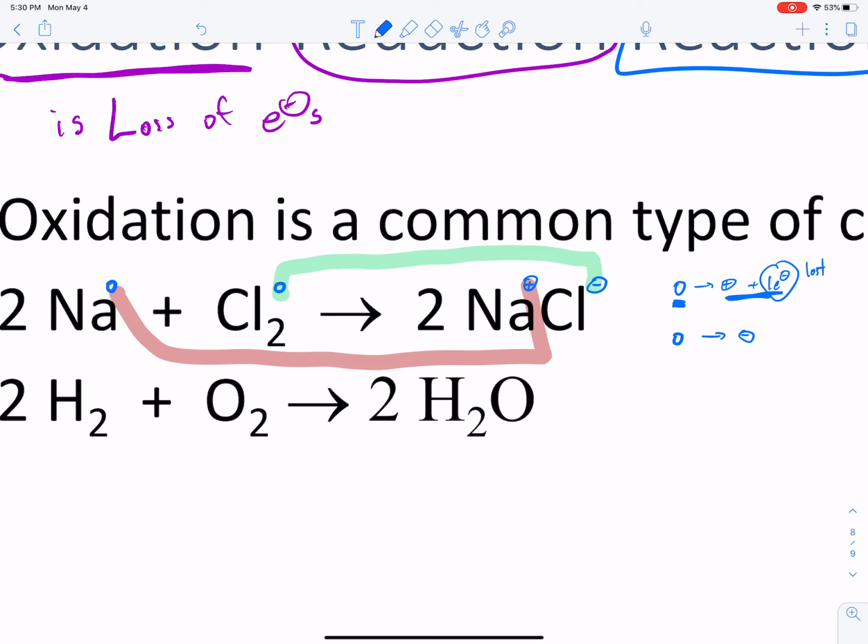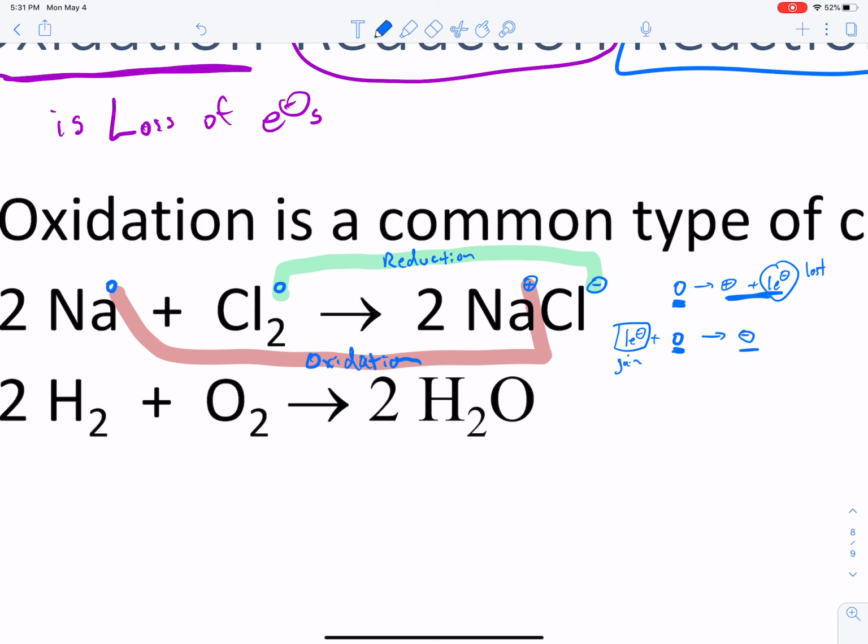That negative has to come from something else, right? So that means when you go from 0 to negative, you have to gain an electron, which means chlorine is being reduced, or we have a reduction occurring, and with sodium we're being oxidized.